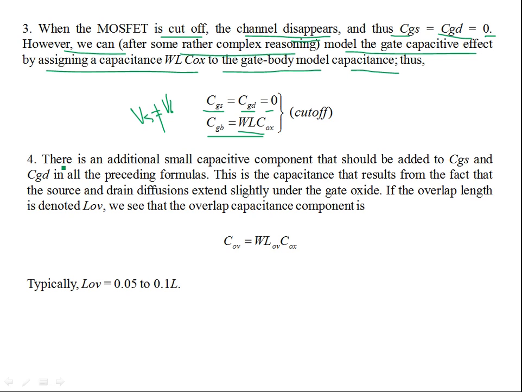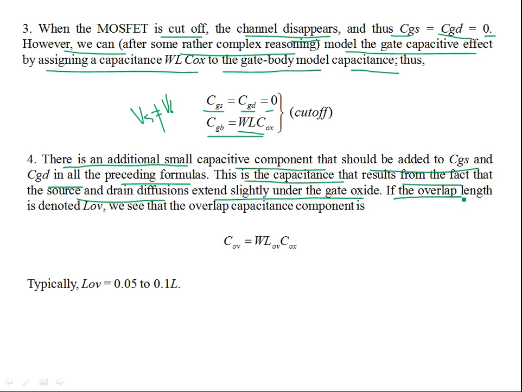So number 4, there is an additional small capacitive component that should be added to CGS and CGD in all the preceding formulas. This is the capacitance that results from the fact that the source and drain diffusions extend slightly under the oxide. These diffusions extend because of the reverse-bias PN junctions.